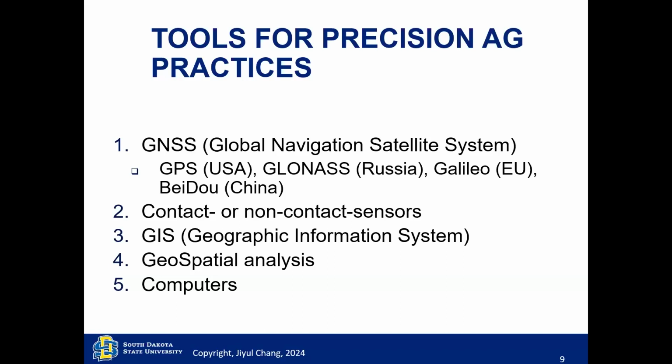Basically, without a computer, we cannot do this because we are dealing with tons of data. More data means we can make more accurate management decisions. So a computer is required. And finally, we need to use variable rate technologies. So these are the basic tools for the precision agriculture practice.